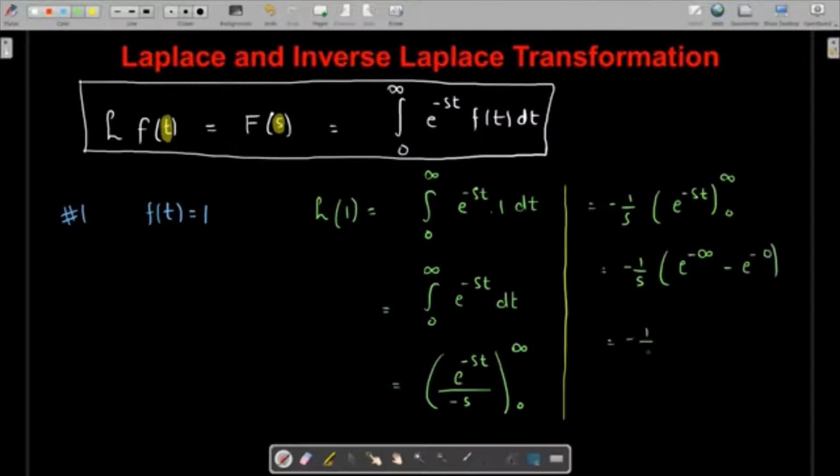And we know that e raised to minus infinity is 0, so I'm going to write 0 over here. And e raised to minus 0 is nothing but e raised to 0, which is 1. So minus 1 over s times minus 1 is minus times minus, which is plus. So we have 1 over s, which is exactly what is mentioned in the table as well.